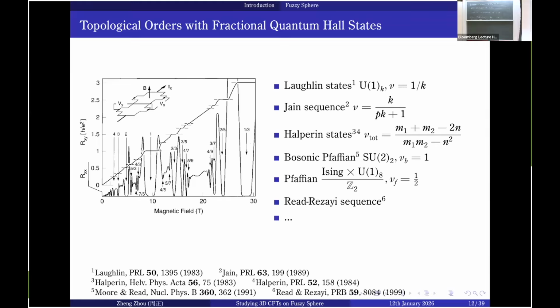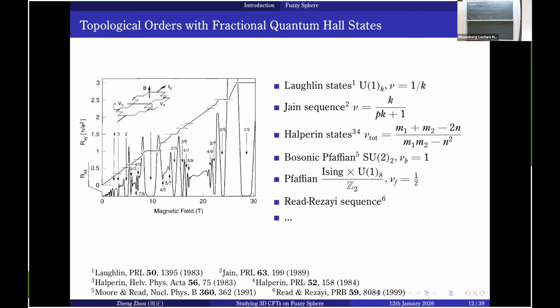If we look at the experiment of the fractional quantum Hall effect, each plateau in the conductivity corresponds to a different topological order. So for example, at filling 1/k, the so-called Laughlin state realizes the topological order U(1) level k. And that is just the simplest example.